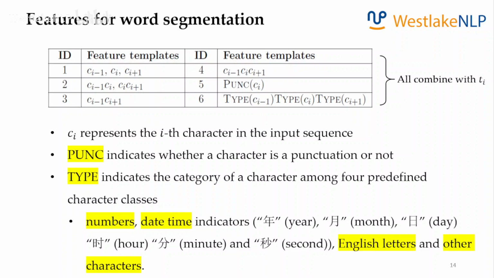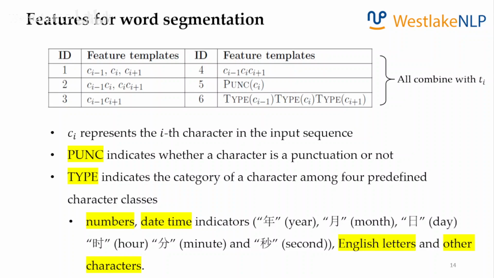What if the current character is this, and you tag the character as S, a single character word? What if the previous character is that, and your current character is tagged as a single character word? So c_{i-1} and t_i. What about the next character is this character, and your current character is tagged?